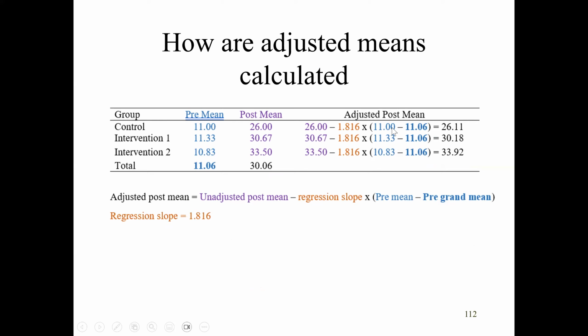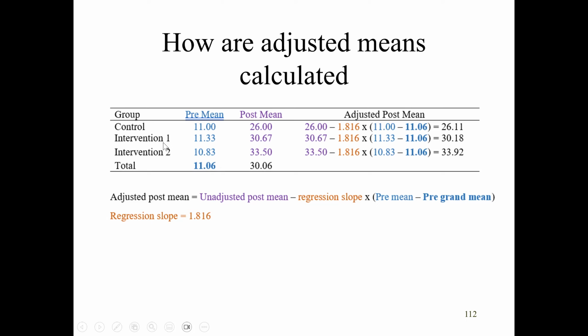We're looking at the difference between the pre-mean and the total pre-mean, and then we use the regression slope to make the adjustment. For example, the control group pre-mean is slightly lower than the total mean, so when we look at the adjusted post-mean, it will be slightly higher.